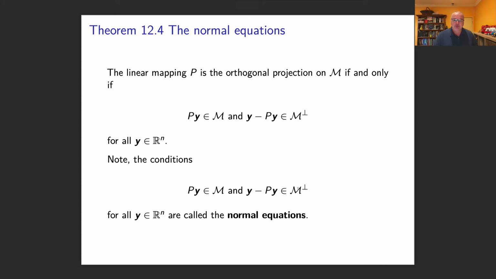When we apply this projection matrix to a vector, it spits out a vector in the subspace, and y minus the projection is in the orthogonal subspace. Those two constraints we're going to call the normal equations.